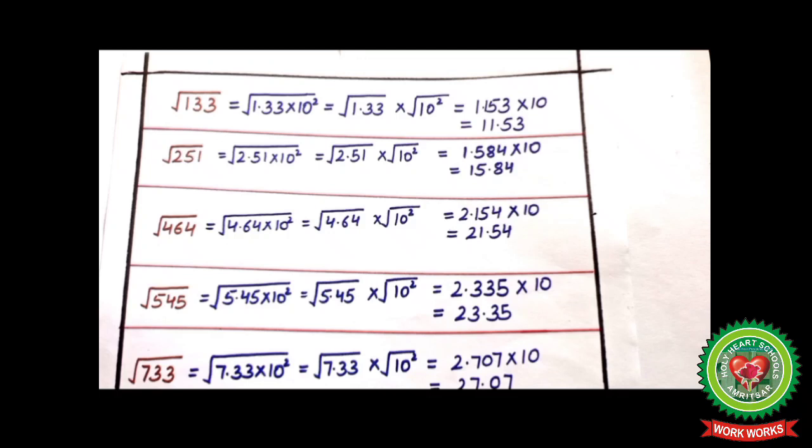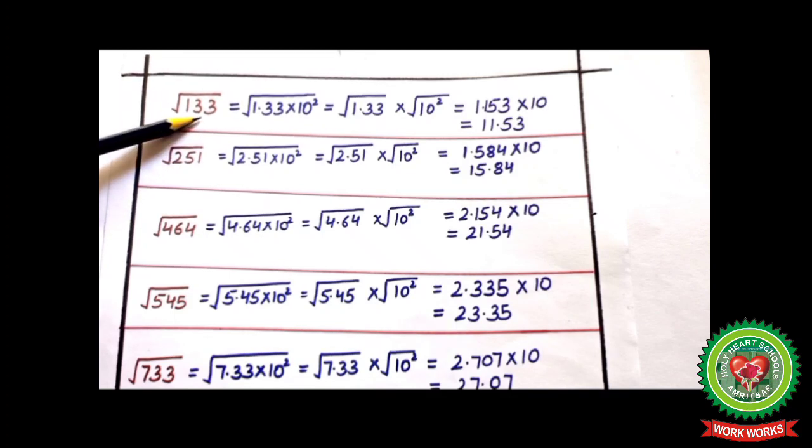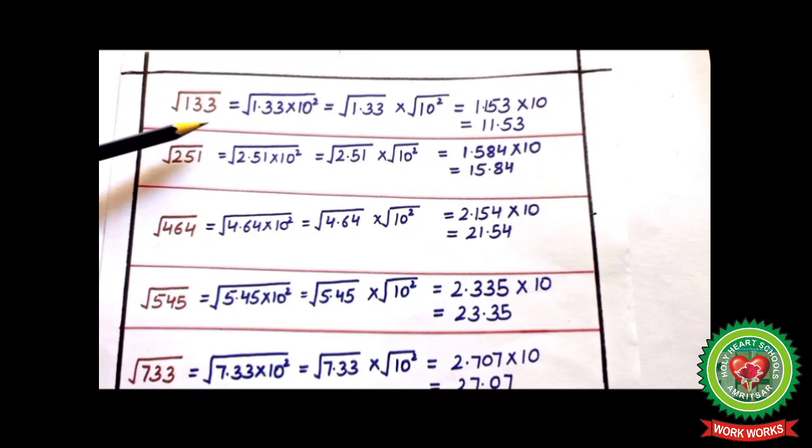Now look at the examples, then we will do sums related to values more than 100. The first example is we have to find square root of 133. First of all, we multiply and divide by 100.